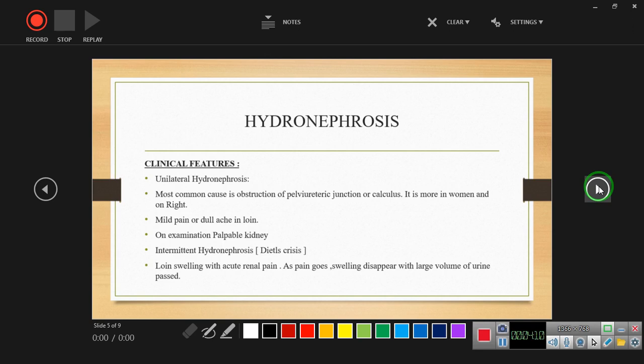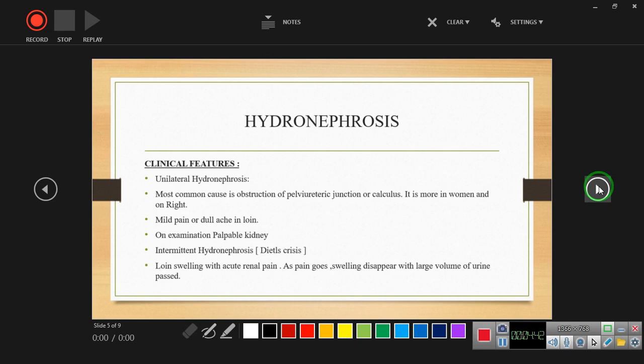What is Dietl's crisis? Dietl's crisis is when the loin is examined with acute renal pain, there is a swelling, and as the pain goes, the swelling also goes or disappears, and with it large volumes of urine are passed by the patient.